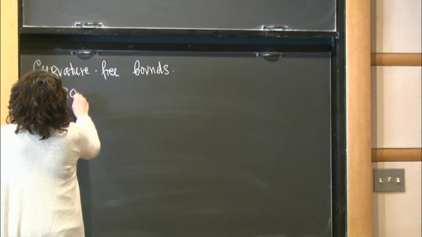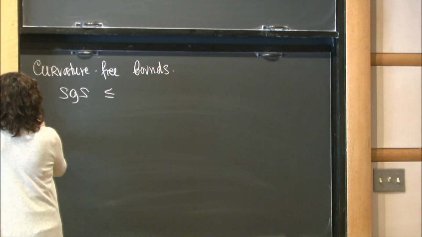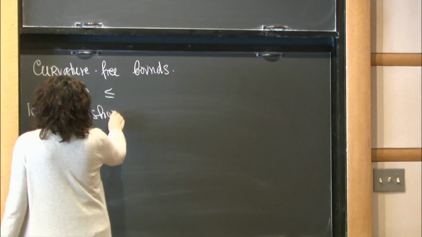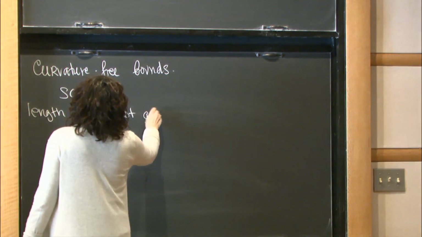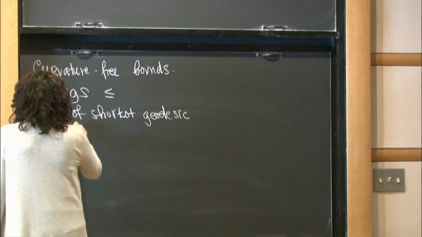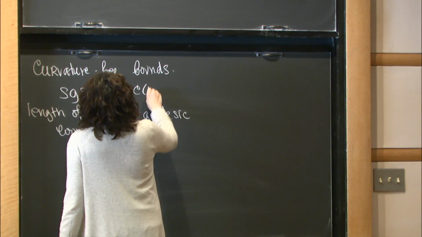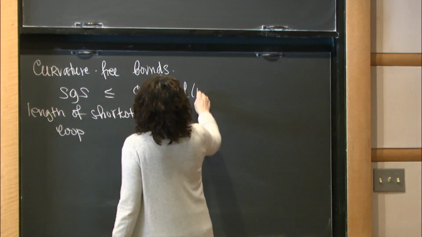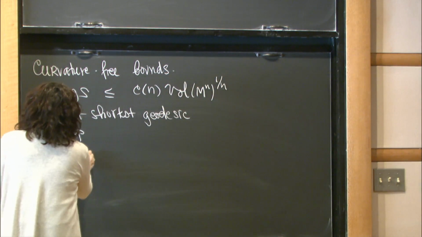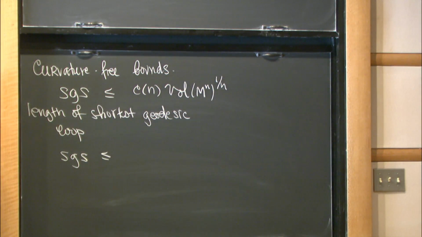So he found estimates of the length of a shortest geodesic loop. He found that there is a bound in terms of volume, and he also found a diameter bound.